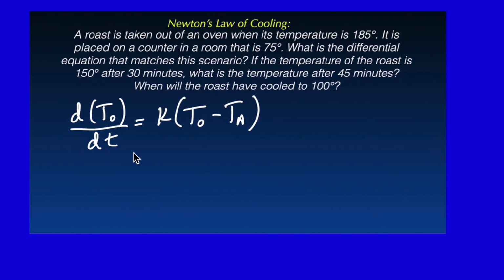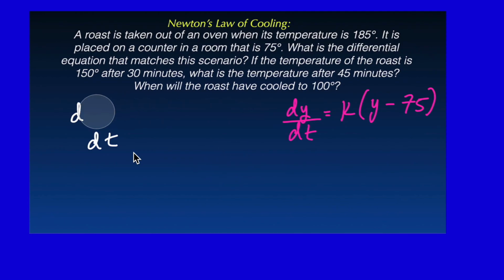So we change this to dy, which we're used to seeing in the numerator. Y, representing the temperature of the object, is going to be k times y minus the ambient temperature, or that of the room. And in this particular problem, the temperature of the room is 75 degrees. Okay, so this is the initial differential equation.